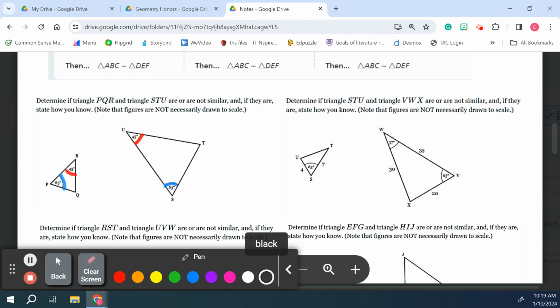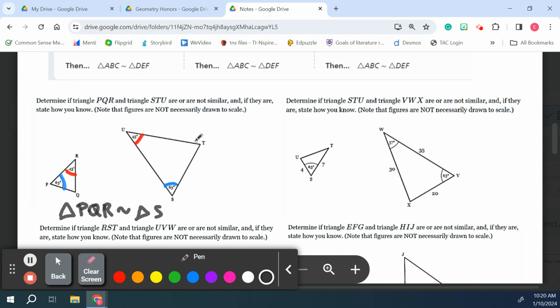So therefore, we have two angles. So when we write down the similarity statement, again, same thing applies when you name triangles. Nothing's changed there. You have to go vertex to vertex, right? So I'm going to start with P, then go to Q, then go to R. And I'm going to state that similar to the corresponding vertices of this larger triangle. In this case, we're going to start at S because we have P here, both are 63.